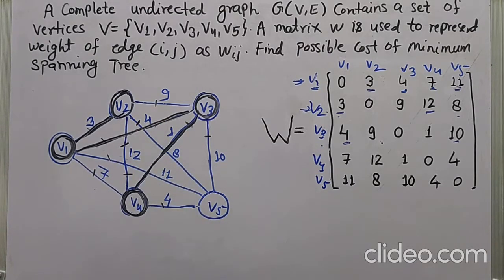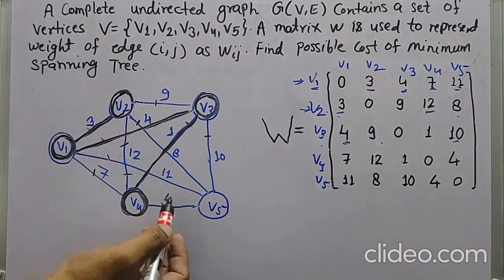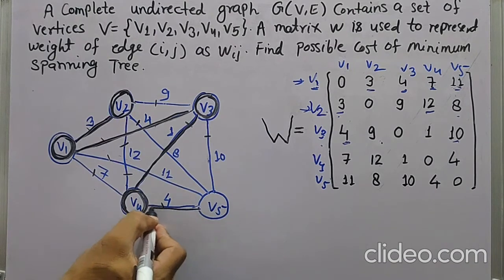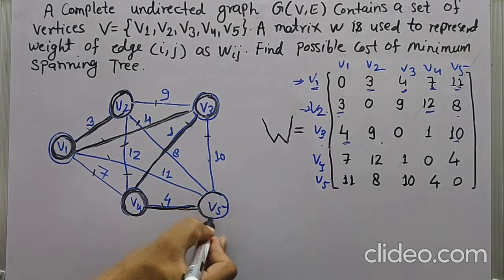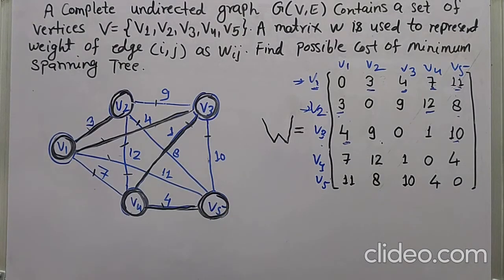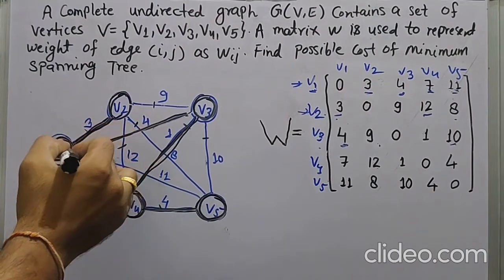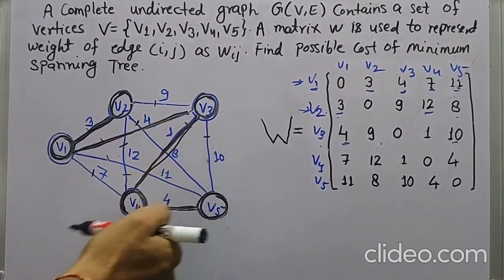Here we have two minimum values, but only one is usable, this 4, so you can select this 4. So this will be your minimum spanning tree, the minimum spanning tree of this graph.